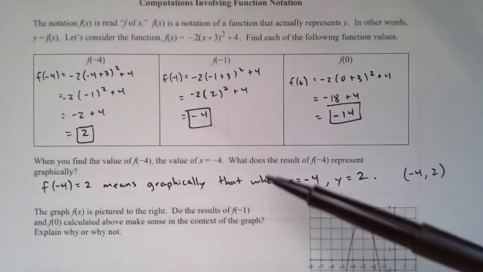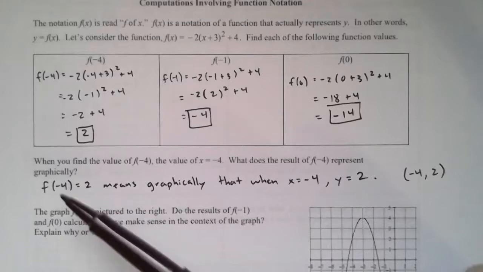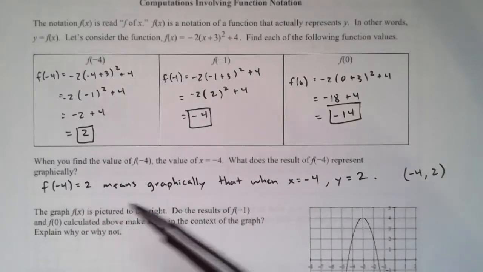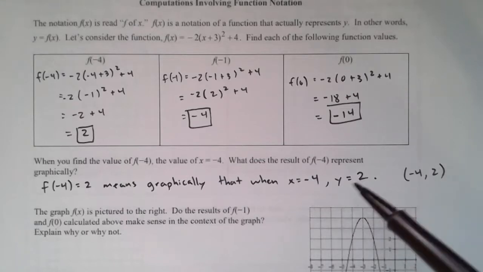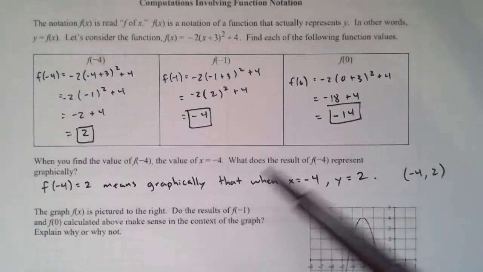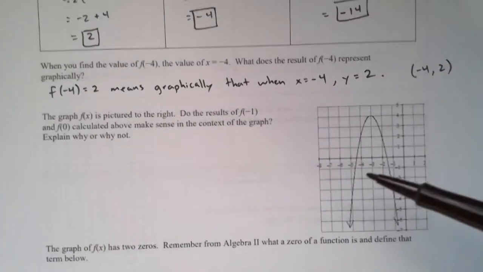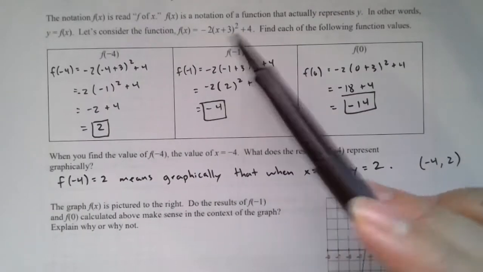So what does the result of f of -4 represent graphically? f of -4 is equal to 2 means graphically that when x is equal to -4, y is equal to 2, or the point would be (-4, 2). This graph here is the one that's up here.